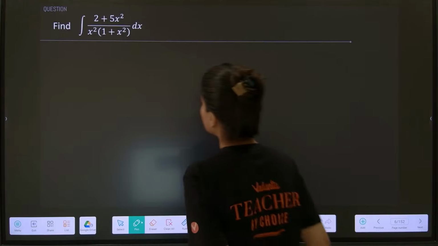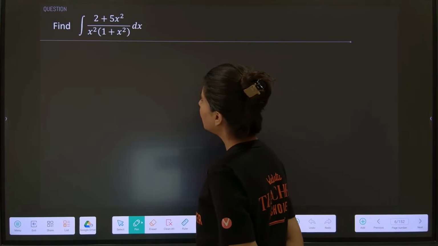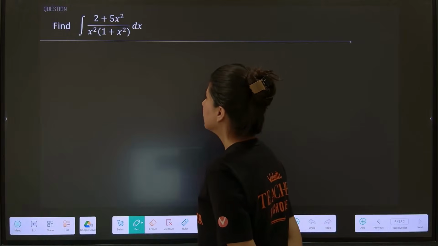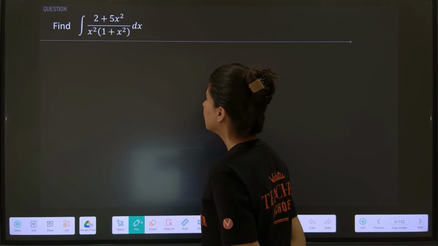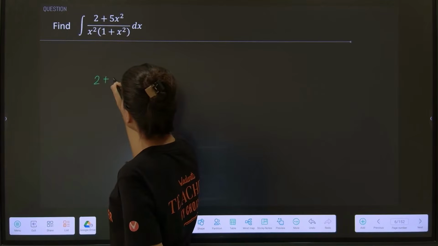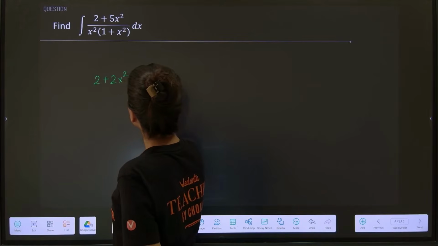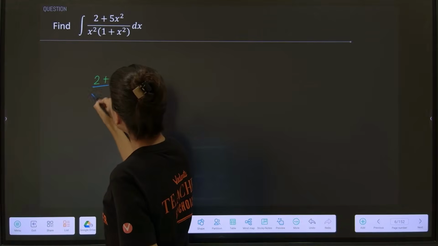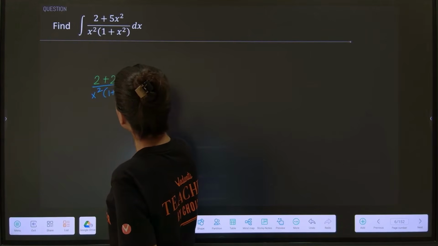Okay. How will you solve it? See, 2 plus 5x square. Can I write it as 2 plus 2x square plus 3x square? See, you have to hit and trial. Now just divide it by x square into 1 plus x square.